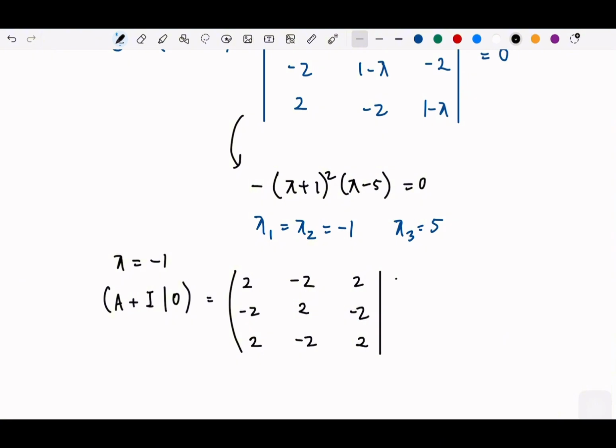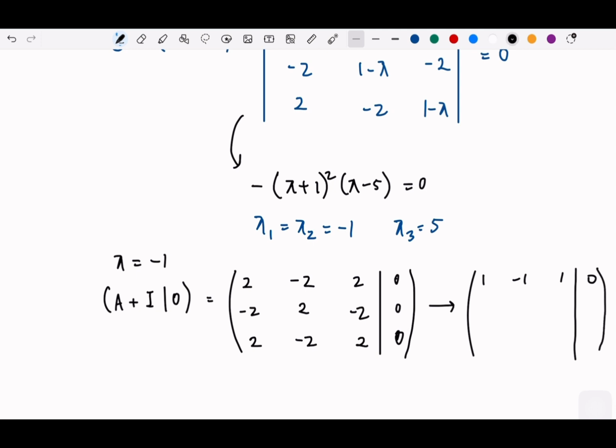You can just subtract, and you will get some rows of 0, 0, 0. You can exchange the rows and put this on top. This will be 0, 0, 0.